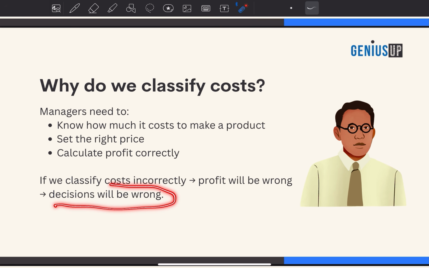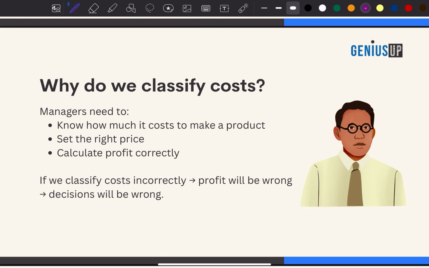Remember, we said the entire point of management accounting is to make better management decisions. So for us to make better management decisions, we must get the cost correctly. And then after getting the cost correctly, we'll be able to calculate profitability correctly, and we can make better management decisions by focusing on the products that are bringing more profit and discontinuing the products that are not bringing profit.